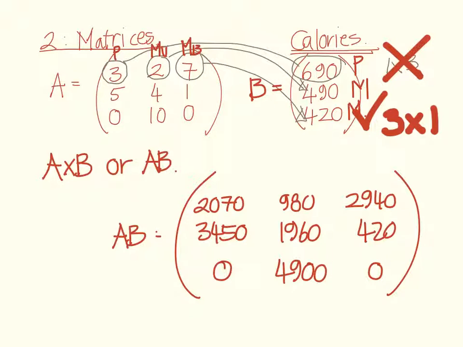Okay, so when we go across in matrix A, we go up and down in matrix B, when we are putting our data into the matrices. Okay, that should make sense.